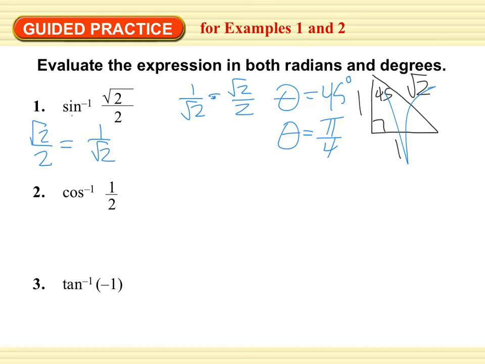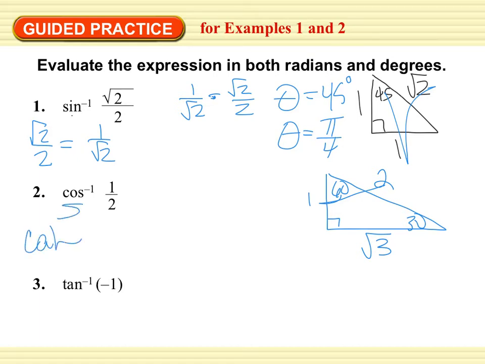Okay, next, cosine^-1 of 1 over 2. That only works with the 30, 60, 90 degree triangle. 1 over 2 is adjacent over hypotenuse. Cosine is adjacent over hypotenuse, so that works.